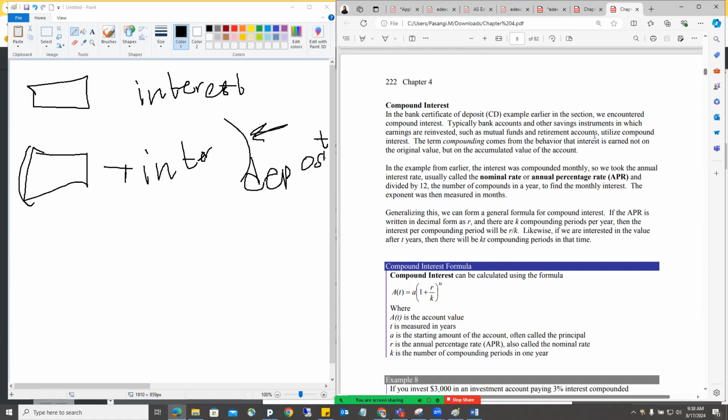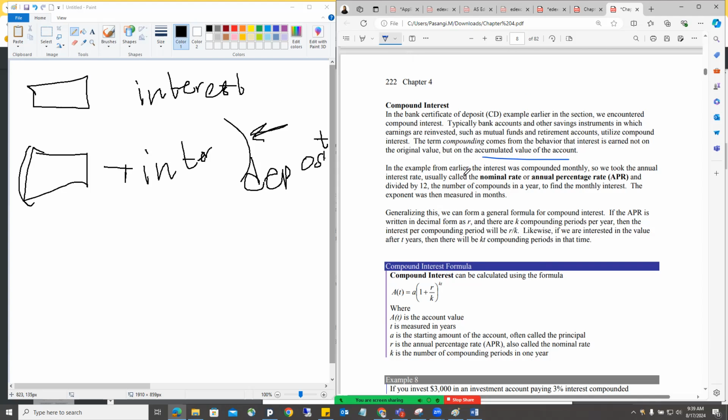Typically, bank accounts and other savings instruments in which earnings are reinvested, such as mutual funds and retirement accounts, utilize compound interest. So the term compounding comes from the behavior that interest is earned not on the original value. This is not calculated on the original value, this is calculated on the accumulated value which is available in the account. That's what they have mentioned here, accumulated value of the account.